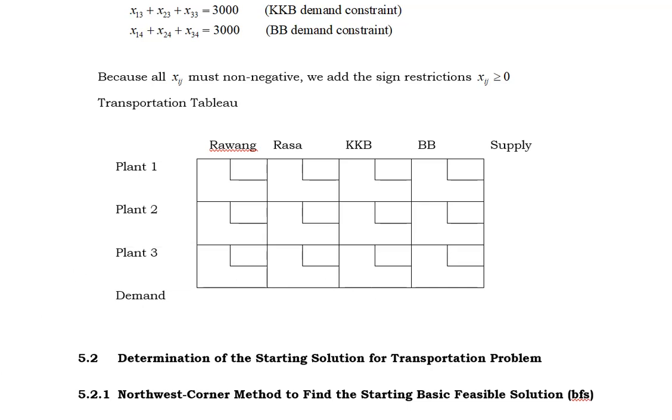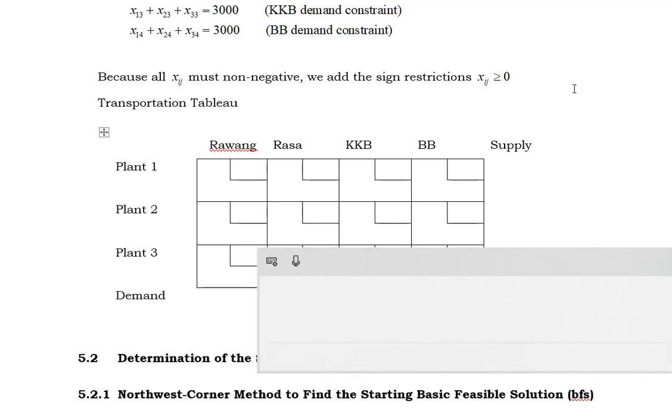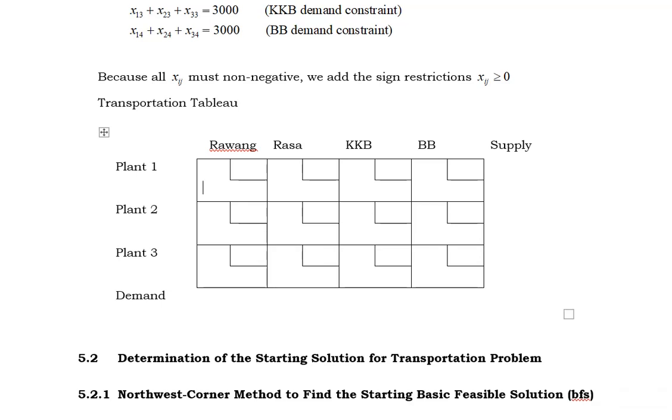For example, the first cell belongs to variable x11. The second cell is for variable x12. This is the cell for x13, x14. And the last cell is x34.